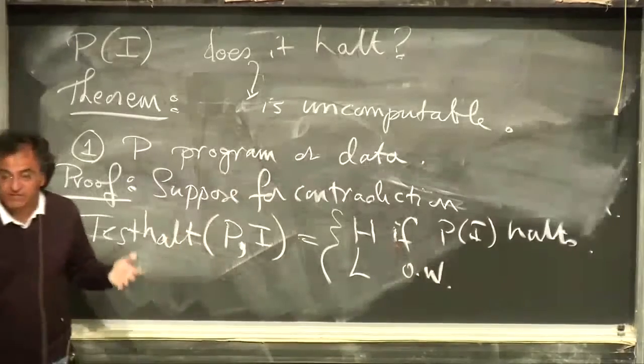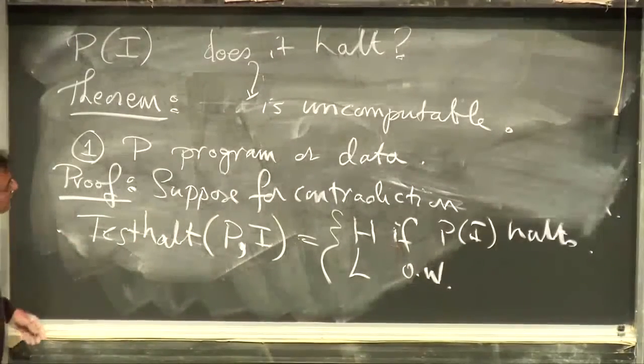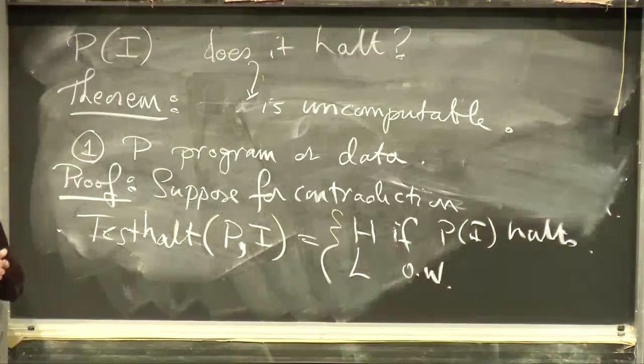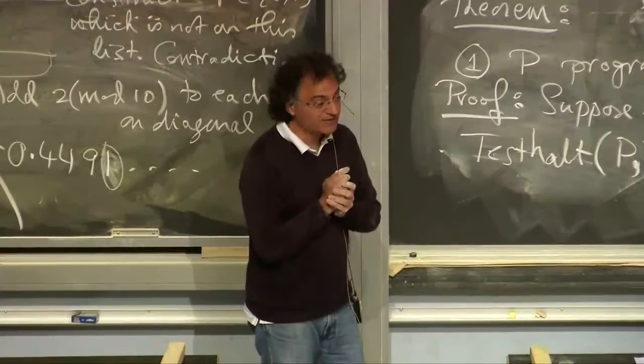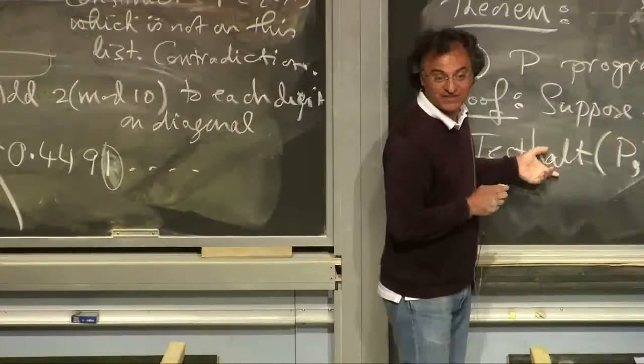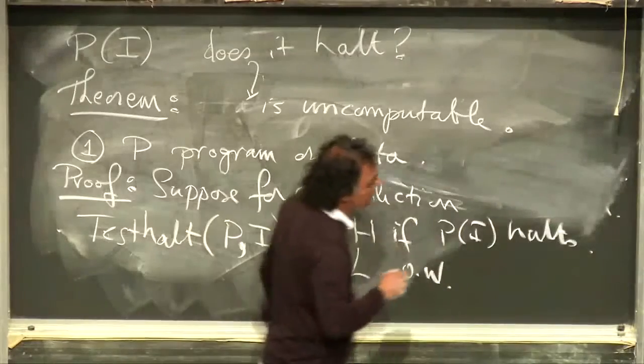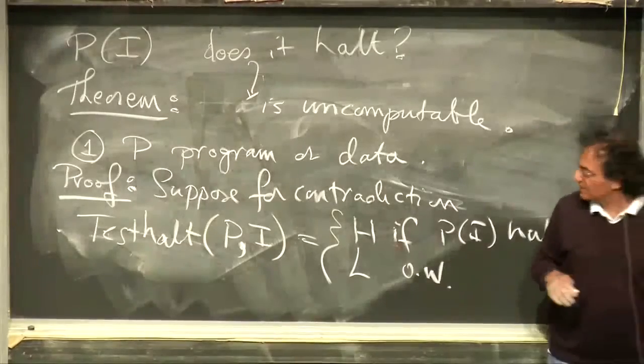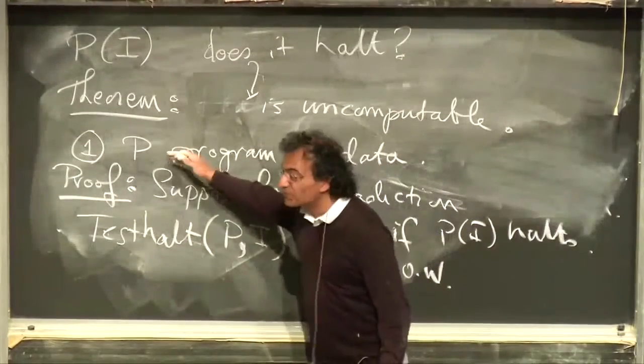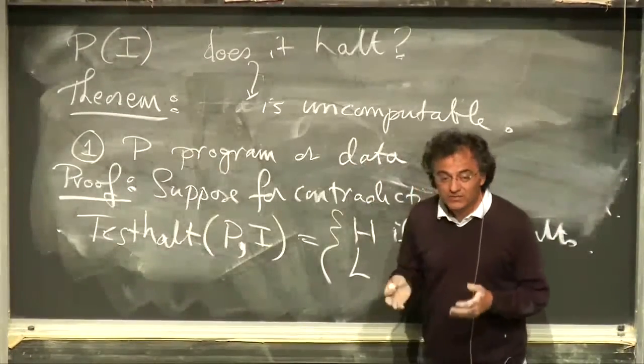So it tells us which one it is. Suppose such a program exists. Now what can we do with it? Well, here's what Turing did with it. What Turing said was, look, whether something is a program or whether it's data, you really cannot tell.